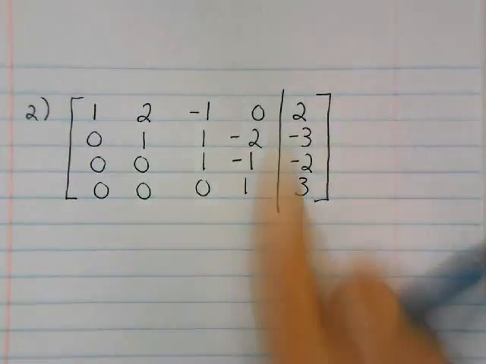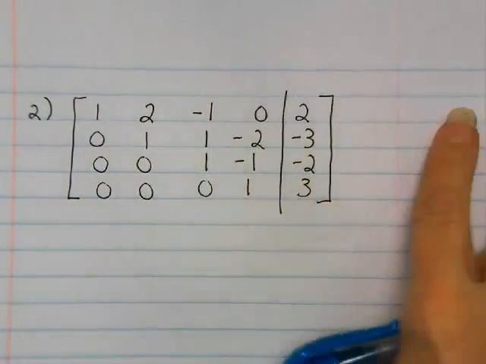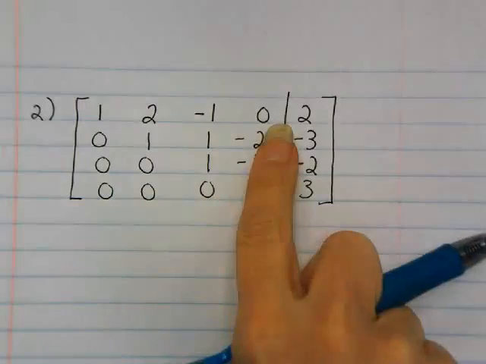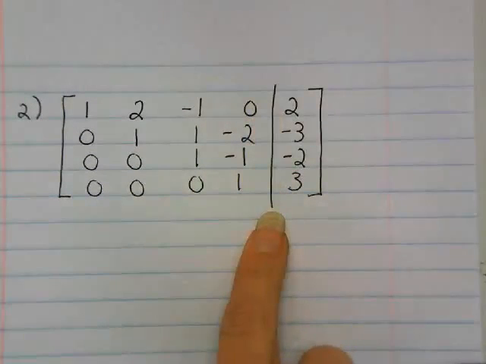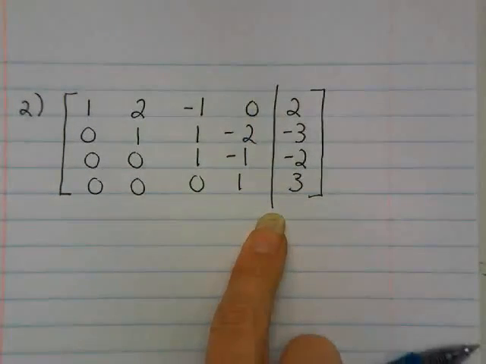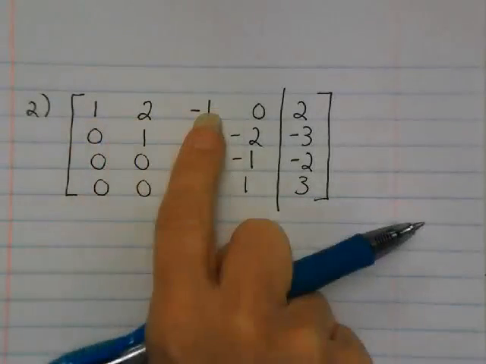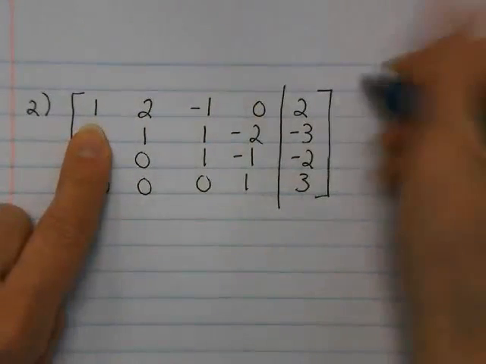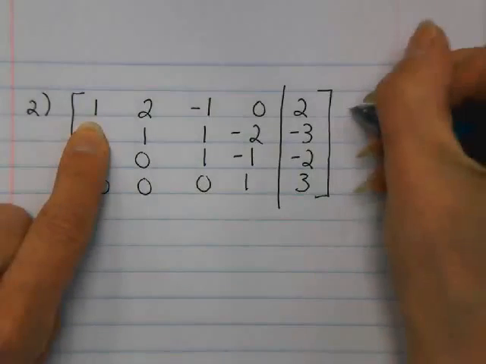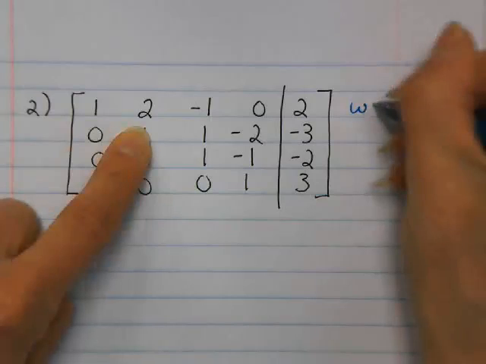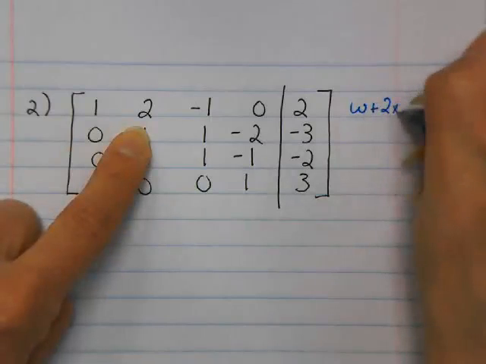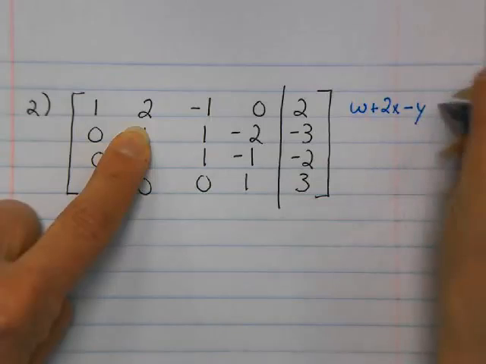Okay? So we're going to go through each one and write an equation. Now this time do you realize I have 4 variables and 4 equations? Looks like fun, right? So we're going to call this W, X, Y, and Z. My first row would be W plus 2X minus Y equals 2.